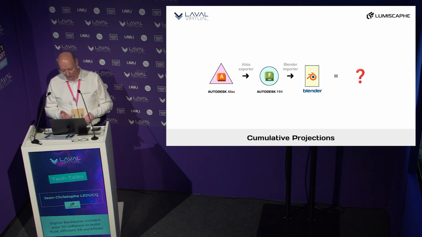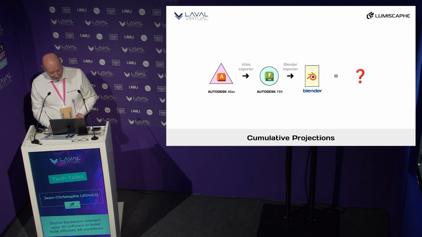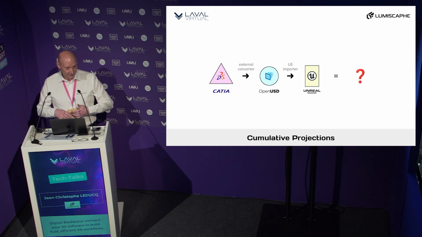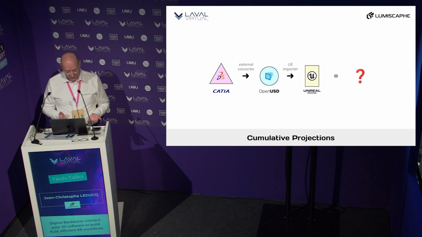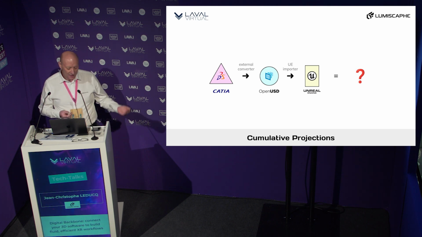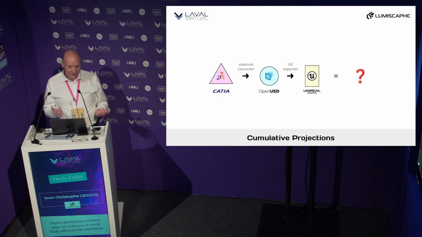So here we can question what will happen to my data. It's the same with all combinations of software. I can use CATIA, for example, and an external tool to convert CATIA information to OpenUSD, and that's not the same universe once again.